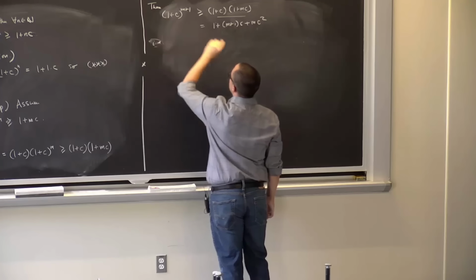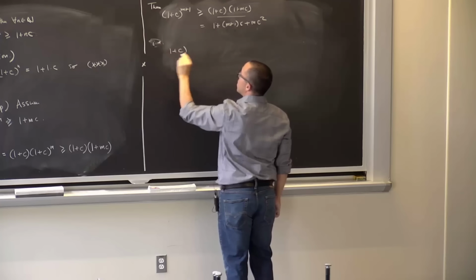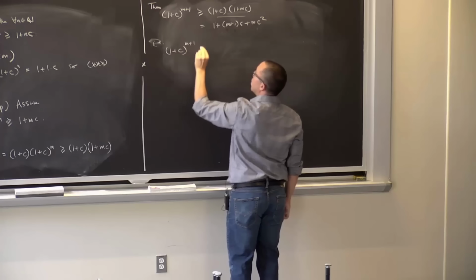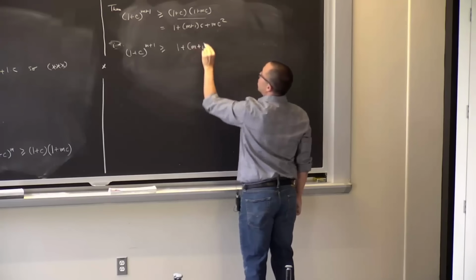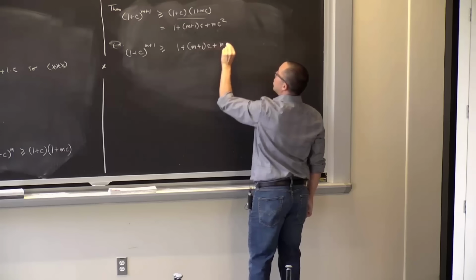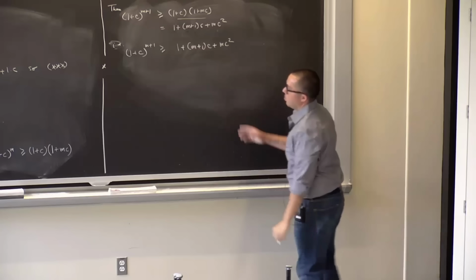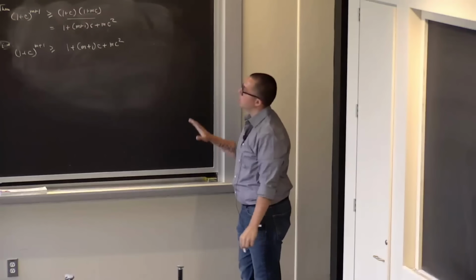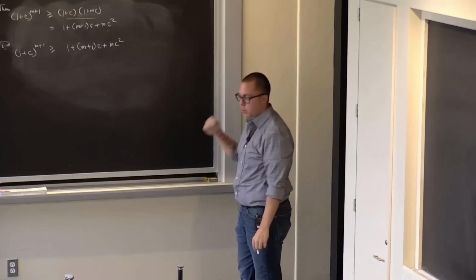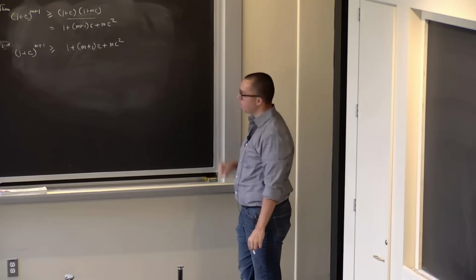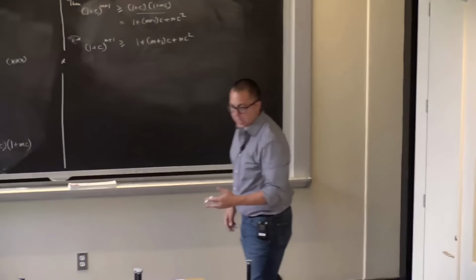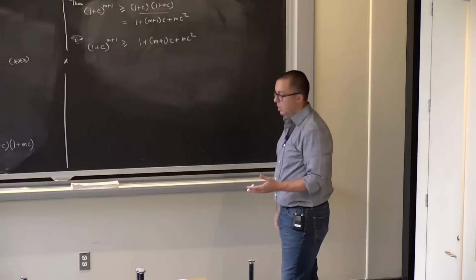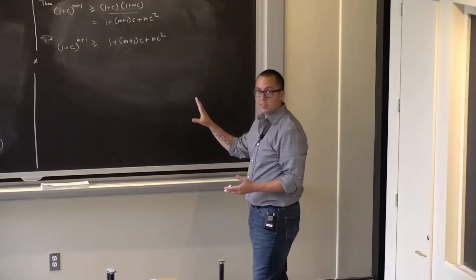So let me just rewrite this again. This means that (1 + c)^(m+1) is greater than or equal to 1 plus (m + 1)c plus mc squared. I'm writing a lot here, and I will stop writing as much as the course goes on. But I encourage you, especially in the beginning, to write all the steps in logic.